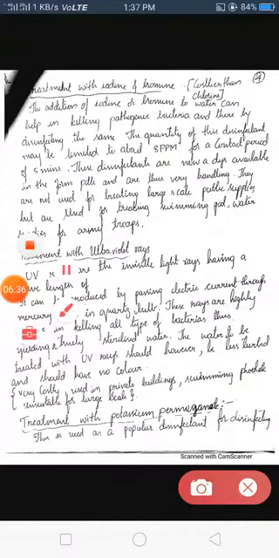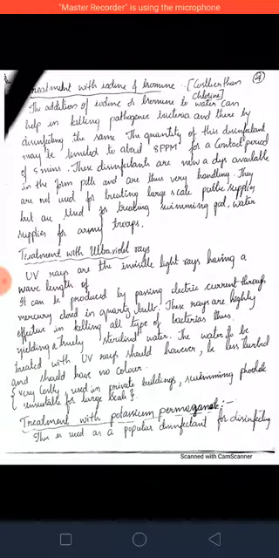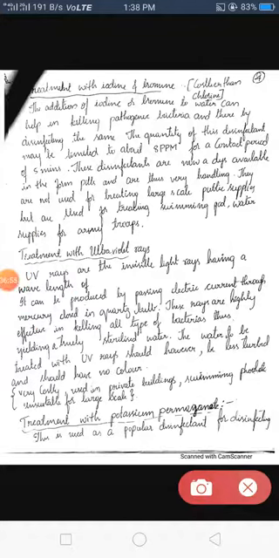They can be produced by passing electric current through a mercury-filled quartz bulb. These rays are highly effective in killing bacteria, but it is very costly, and is used in private buildings and swimming pools.